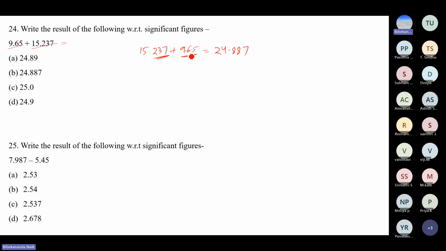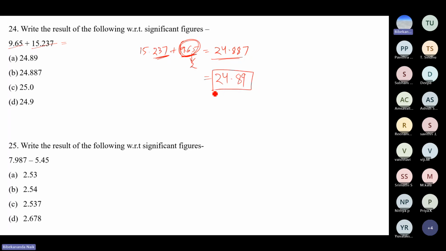Since in 9.65 we have two digits after the decimal, and if there are non-decimal numbers the rule is different, but when there are decimal numbers, it has two digits, 0.65, 6 and 5. So in the result, we'll reduce it to two digits after the decimal. The 87 is greater than 5, so we can write 24.89.